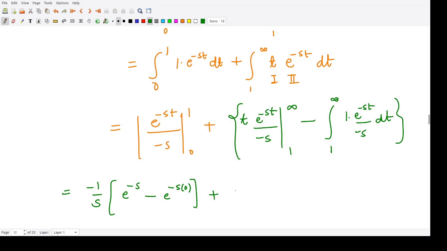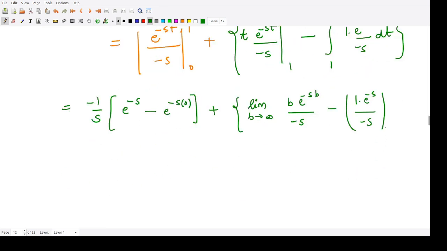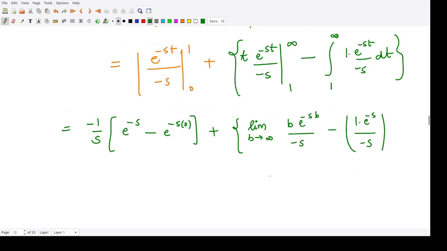And in the second term, when you substitute infinity, you would have the limit b going to infinity of b e to the power minus sb divided by minus s, and when you substitute the limit 1, you would have 1 into e to the power minus s divided by minus s. So this is what you get. And when you perform the integration of the second term, you would have minus e to the power minus st divided by s square, and the limits here vary from 1 to infinity.